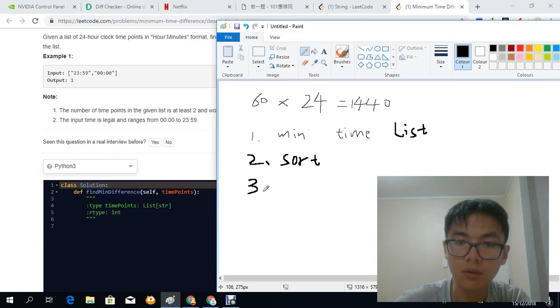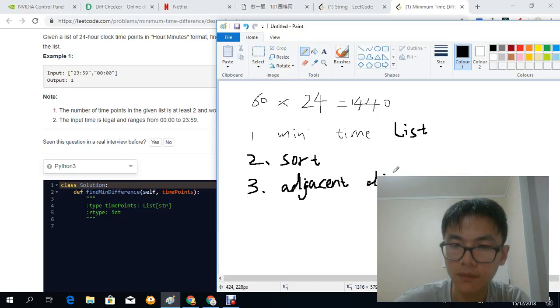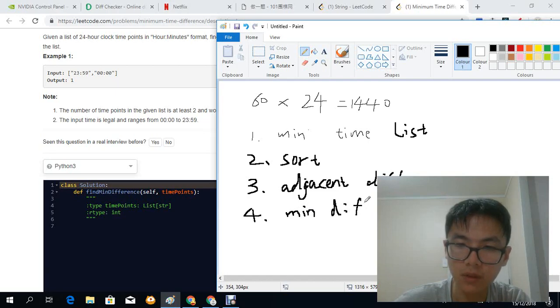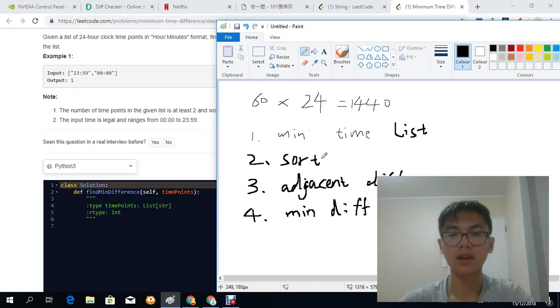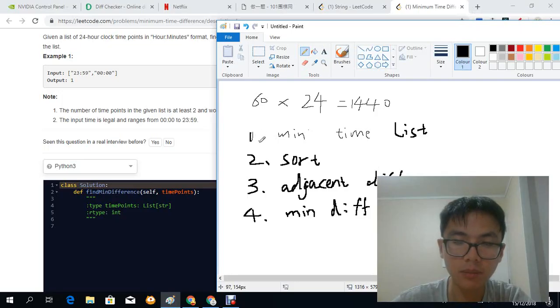So third, we get the adjacent difference in our sorted list. And then we find the minimum difference. So this is how we are going to get our answer. Okay, so it's step by step. Then let's take a look at how to do each step.